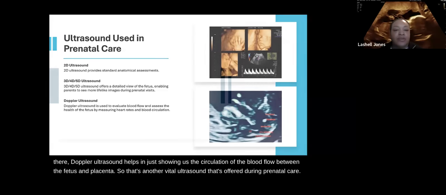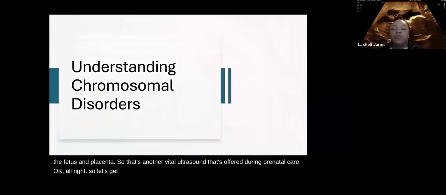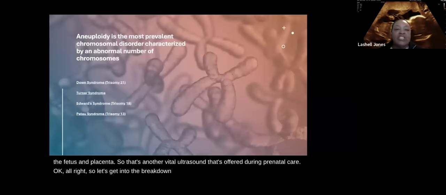So that's another vital ultrasound that's offered during prenatal care. Okay. All right. So let's get into the breakdown of chromosomal disorders. What actually is it? How is it characterized? Aneuploidy is the most prevalent chromosomal disorder, and is simply characterized by an abnormal number of chromosomes.